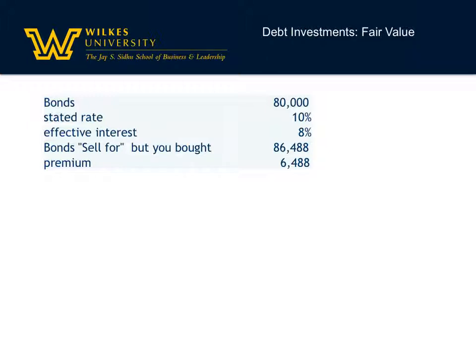And the bonds sell for an amount, but you're on the purchasing side. So you bought them for $86,488, which had a premium of $6,488. The entry to record the purchase is the same as it is for the amortized cost method. You debit investments and credit cash for the amount paid for the investment.